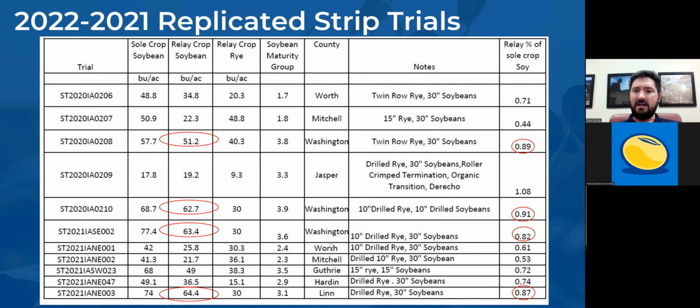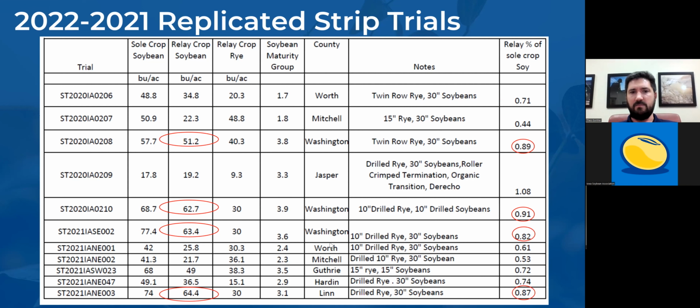I've highlighted 4 trials that were kind of the shining stars, right? They're getting 80% up to 91% of the sole crop yield that occurred in the soybeans right next to them. And that really, I think, shows the potential of the system.